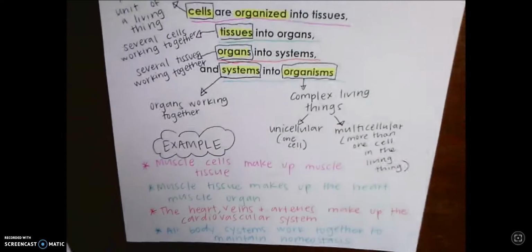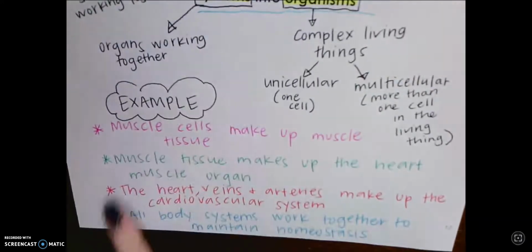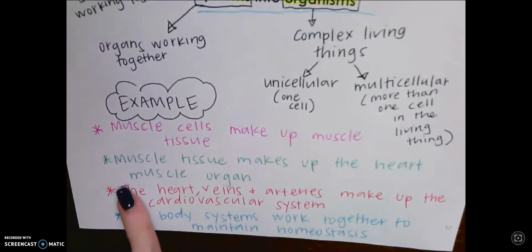I'm going to zoom in on this example for a brief moment. So we've got our muscle cells making up tissue, our muscle tissues making up organs, our organs making up an organ system, all of our organ systems making up an organism.